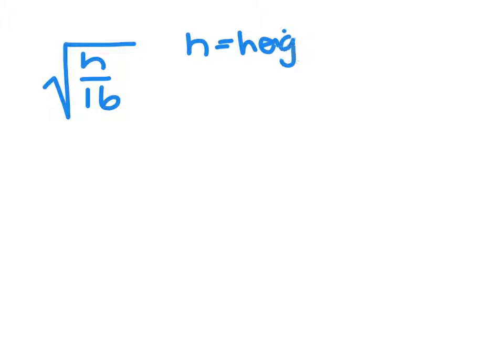In our last problem in this bonus section, we're going to look at using a radical expression to solve a real-world problem. So let's imagine that we are dropping an object. The expression, the square root of h over 16, gives us the time in seconds that it takes an object dropped from a height, which equals h, to reach the ground.